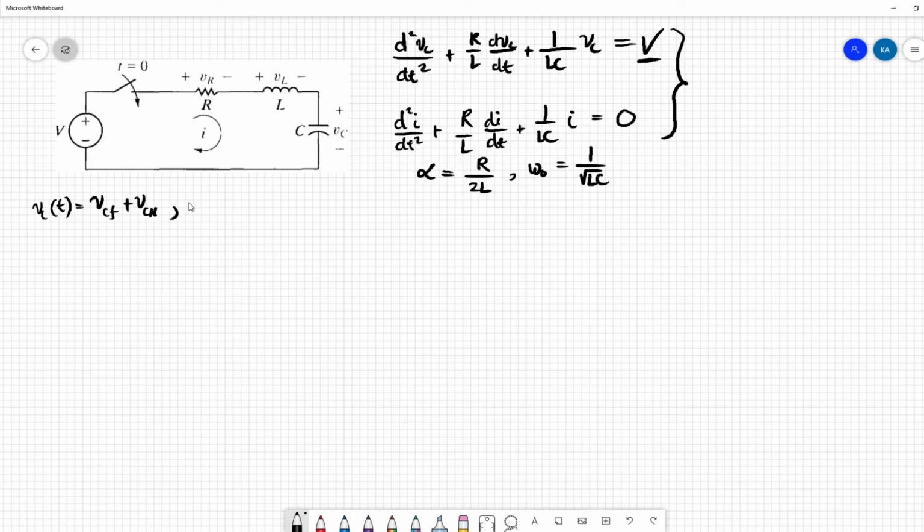For our current I, we also have a forced response plus a natural response.